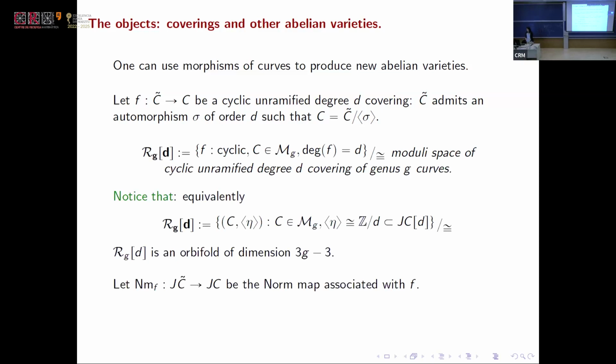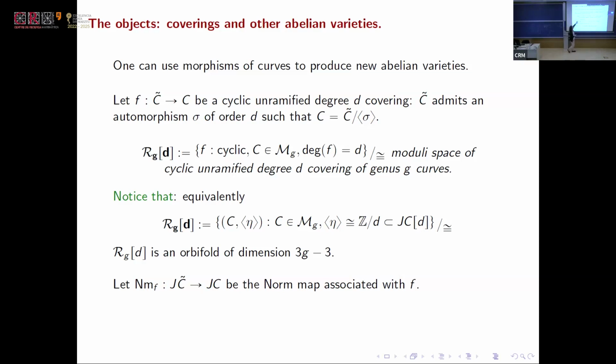There is another equivalent description, which says that all the data of a cyclic unramified covering is summarized in this pair, where C is a curve of genus g and this is a subgroup isomorphic to Z/d, given by taking points here. This notation means that I'm taking points which are torsion. Since I can sum points, I'm saying that if I sum my point d times, then I get 0.